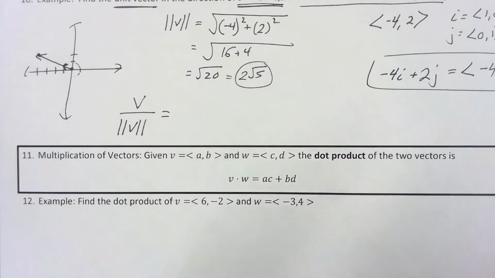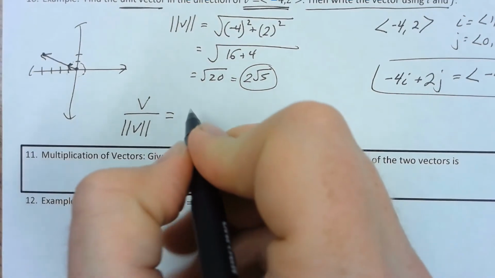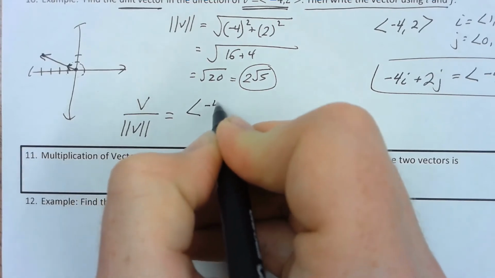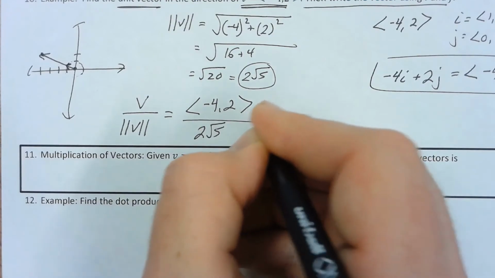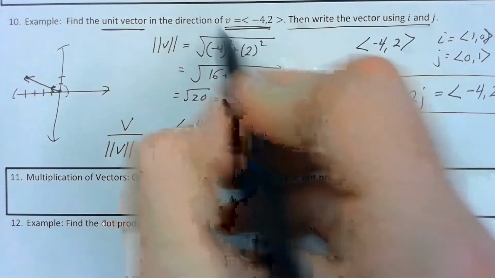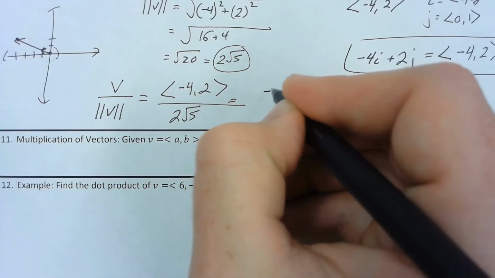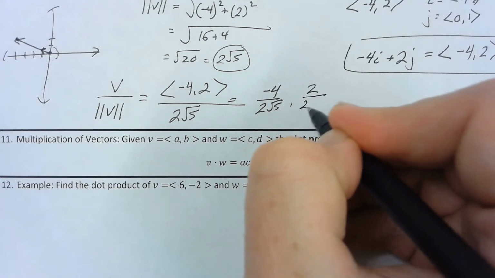To change its direction, we would have to manipulate the coordinates or negate the overall vector. So what we're going to do is take each coordinate piece inside that vector, -4 comma 2, and divide it by 2 radical 5. So in this case, my actual vector of unit length in the same direction as v is going to be -4 divided by 2 square roots of 5, comma 2 divided by 2 square roots of 5.